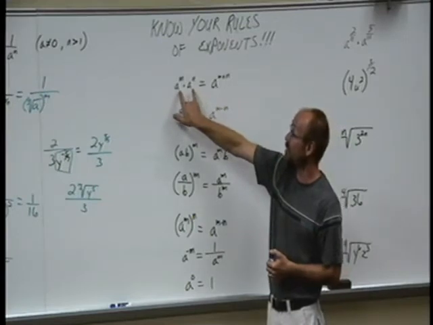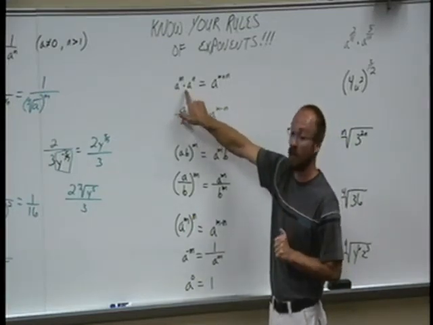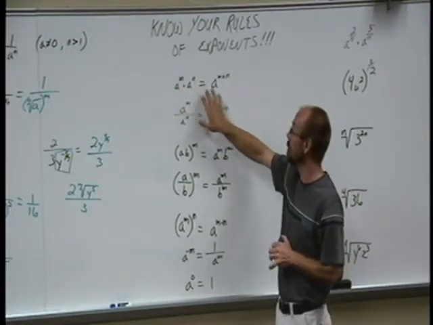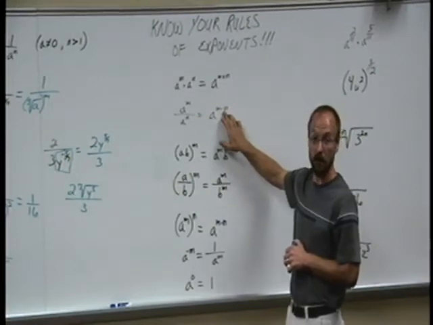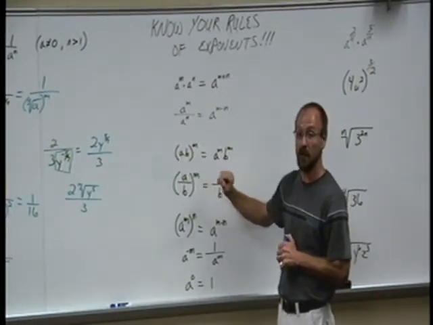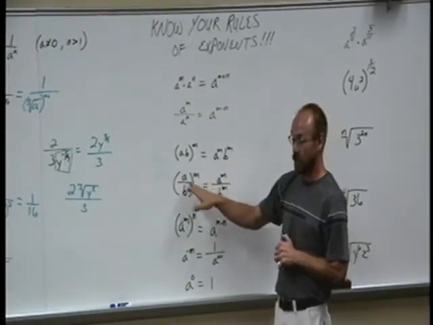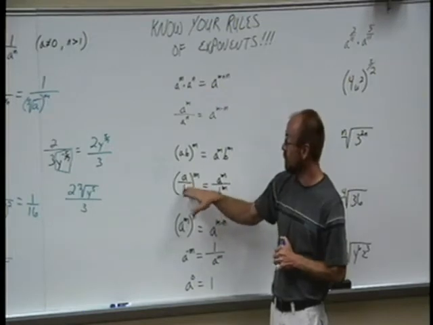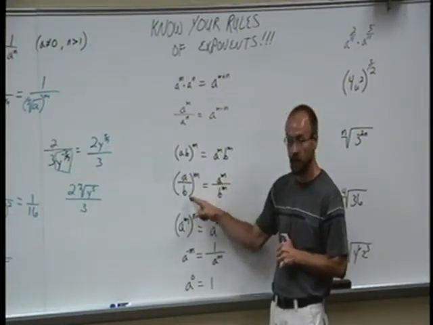So if I have our product rule, a to the m times a to the n, we can add them. Quotient rule says I can subtract them. Our power of a product says I distribute the power to each factor being multiplied, a to the n, b to the m. Same thing with the power of a quotient rule, I have to apply it to the a and to the b in this example.